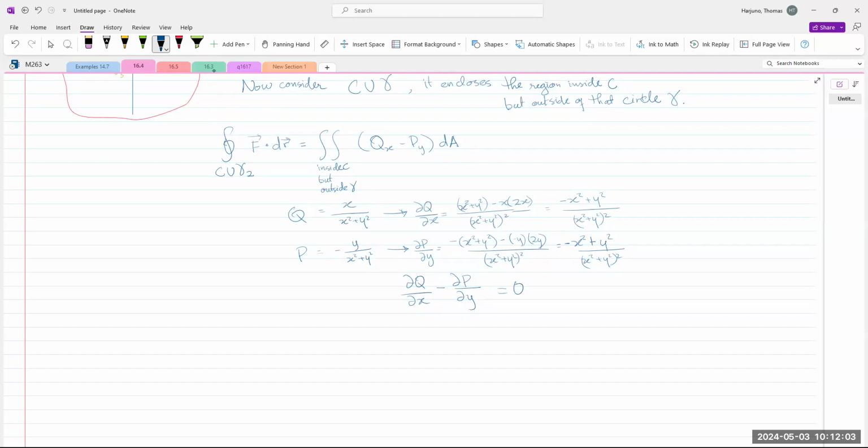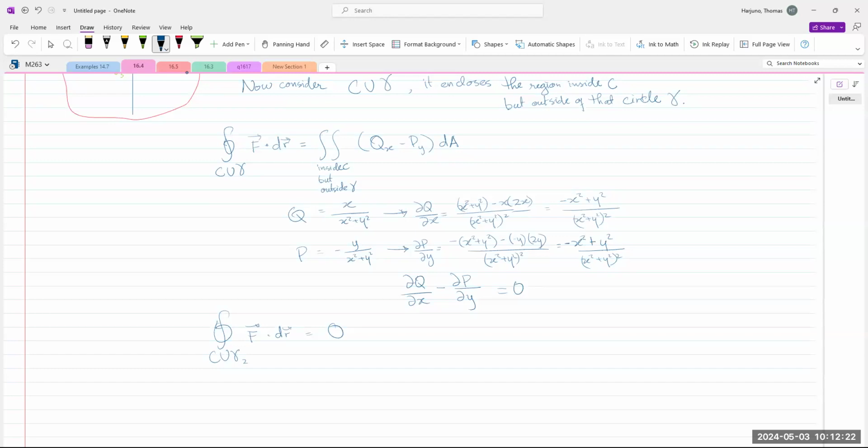Okay. In other words, integral over closed curve of C union gamma, not gamma 2, I'm sorry, gamma, of f dot dr equals to 0.